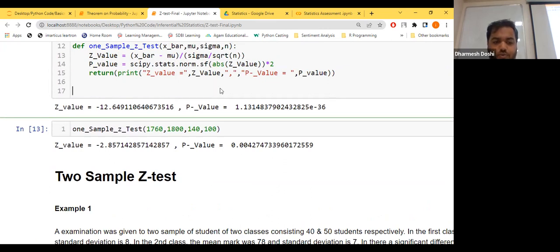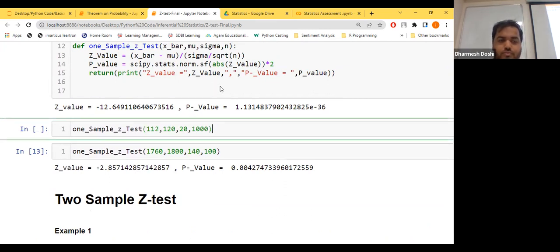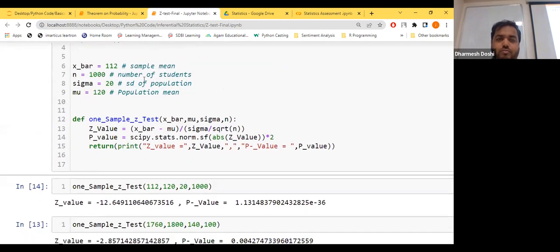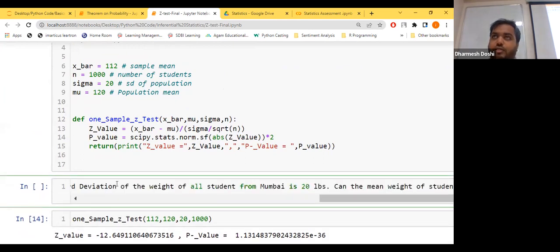Now in one sample, guys, what is the data we have taken? Same data. As I'm making it in front of you, you should be aware, the same example we have solved. It's a reason.